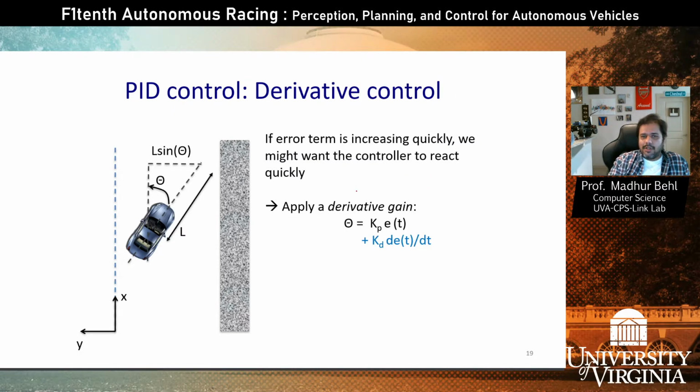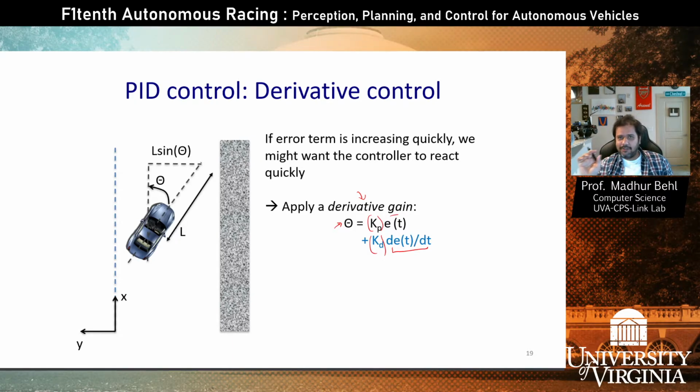And what we did earlier was that, what if the error is increasing quickly? We may want the controller to react quickly as well. So not only do we want it to react to the absolute value of the error, we want it to react to the rate of change of error itself. And that's why we apply a derivative gain. So my steering correction is my proportionality constant times the error, plus a derivative constant times the rate of change of error, or the derivative of the error.